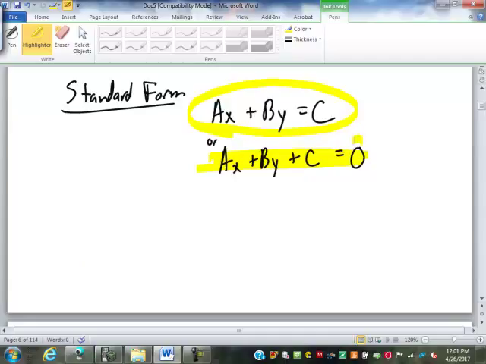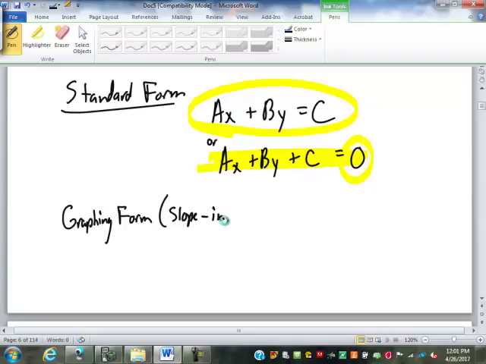But technically standard form is equal to 0 on the other side. And we've talked about graphing form, or y-intercept form, or slope intercept form, I should say. Slope intercept form, which is what we've been using for graphing and what we were just finding up above.